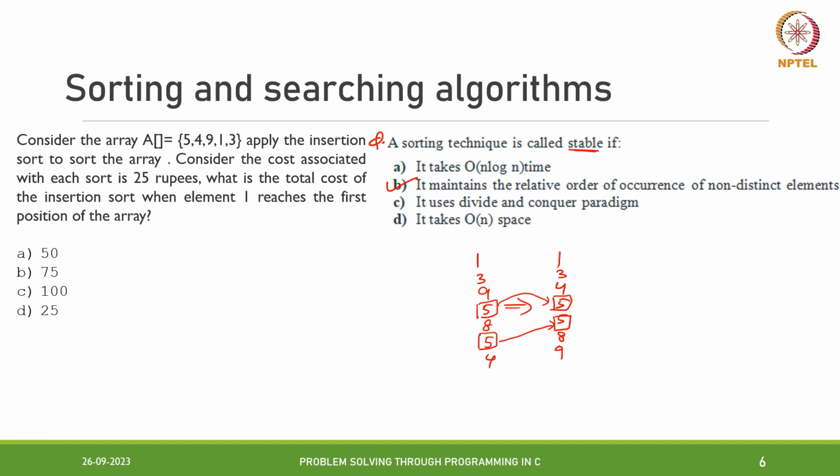Only then we call it a stable sorting algorithm. Here, the first 5 that occurs is still, after sorting, the first 5, and the second 5 is the second 5. So this is a stable sorting algorithm.